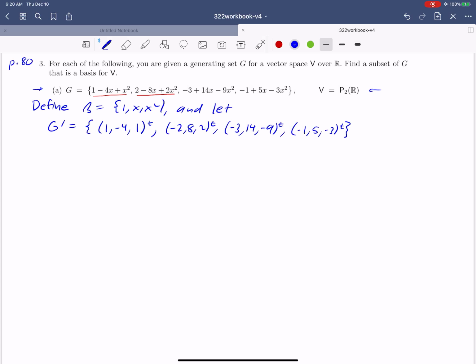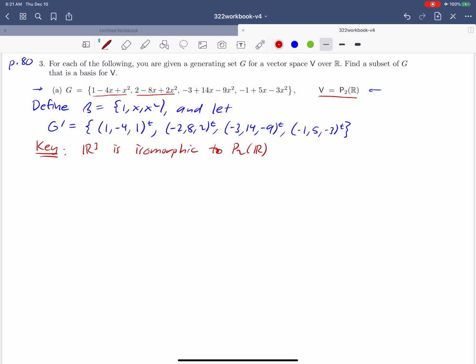And here's the key that's going to make our solution work. There is an isomorphism between our vector space and R3, the set of all 3 tuples. So R3 is isomorphic to P2 of R. We know that because both of those vector spaces have dimension 3.